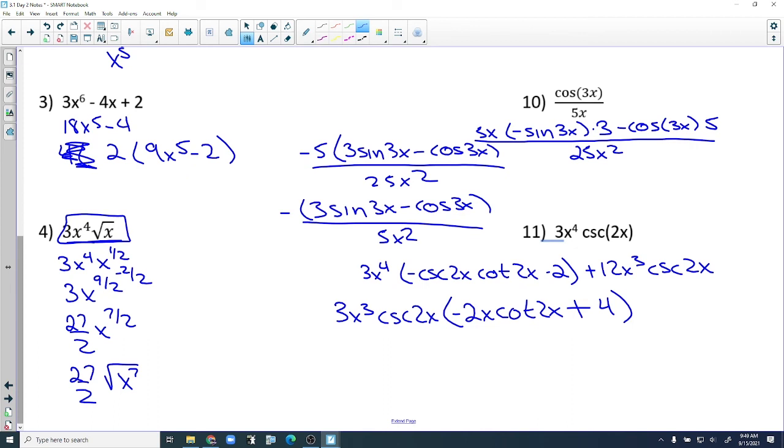Why is it negative 2x? Oh. I'm taking out of this, I can only take an x to the third out. Doesn't that leave one? Oh. Right? Okay. So that left one x, one of the x's there.